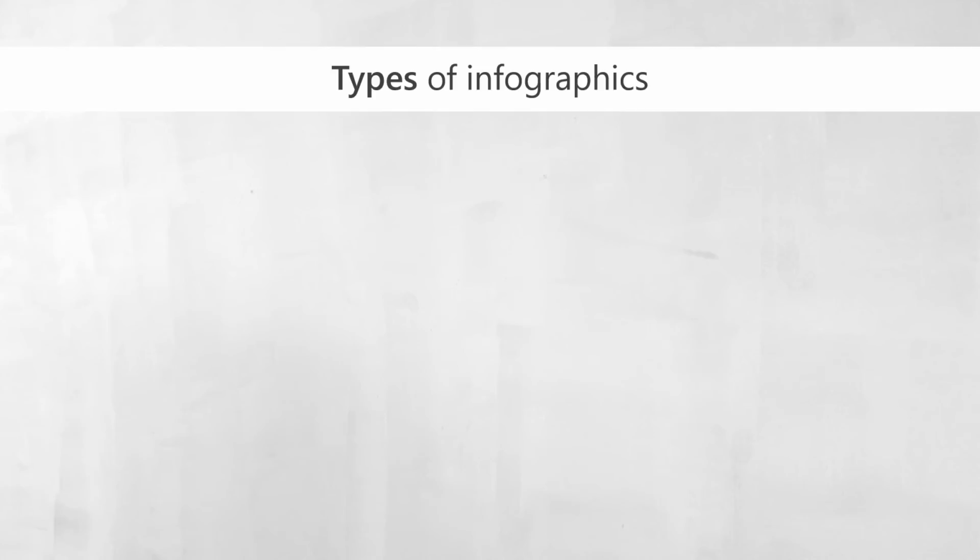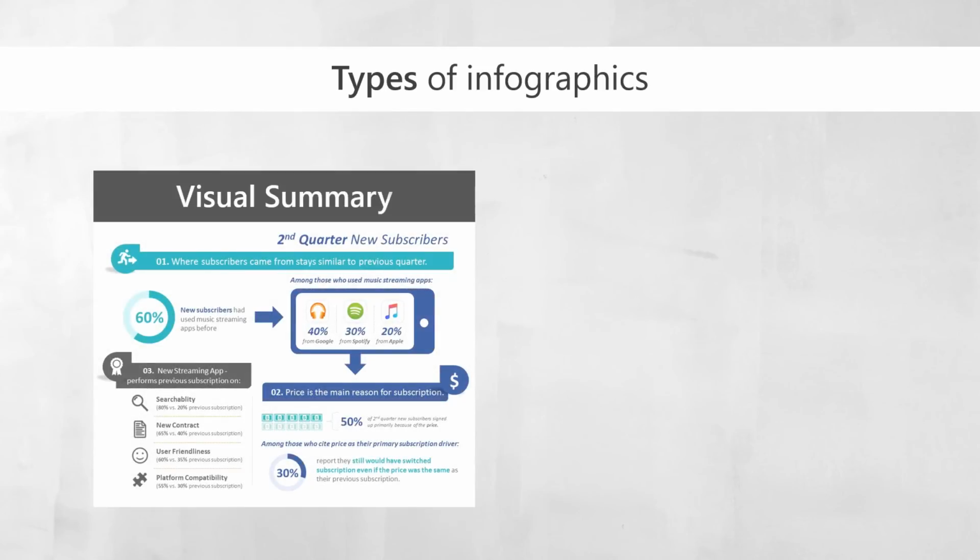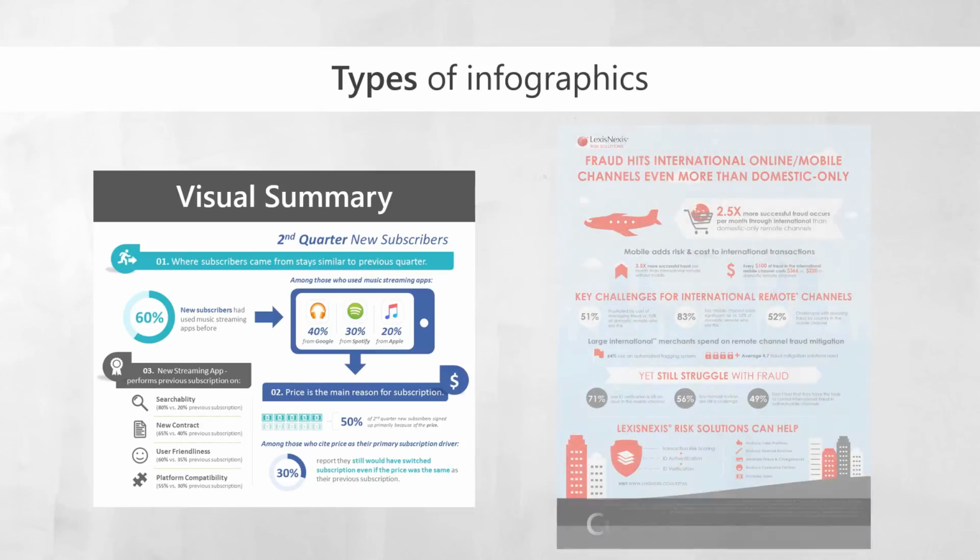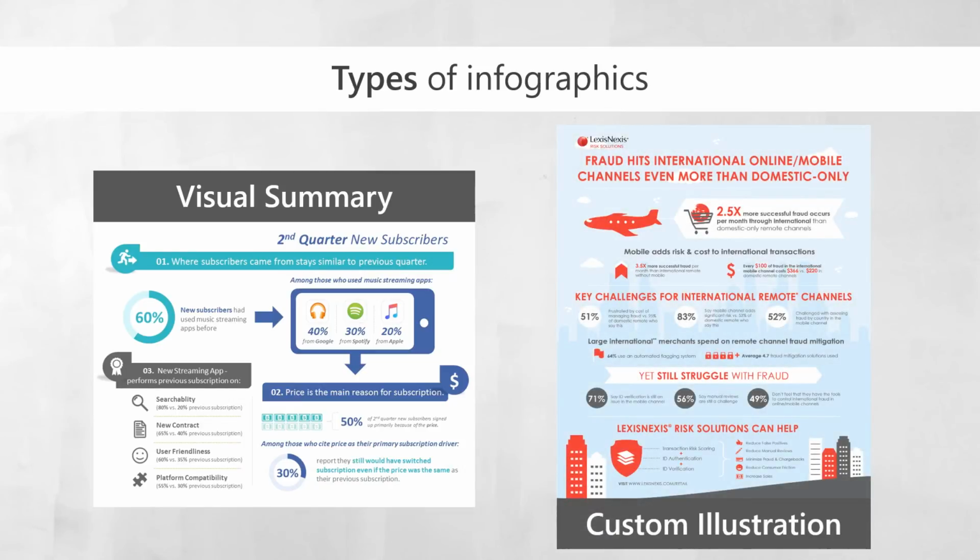As Jen mentioned, there are a number of different challenges to creating infographics and visual reporting. At KS&R, we have different styles of visual reporting that can best fit a project depending on some of those concerns regarding timing and budget. An example on the left is what we call a visual summary, which is a one-pager summarizing the data in a visual way. On the right is what we call a custom illustration.